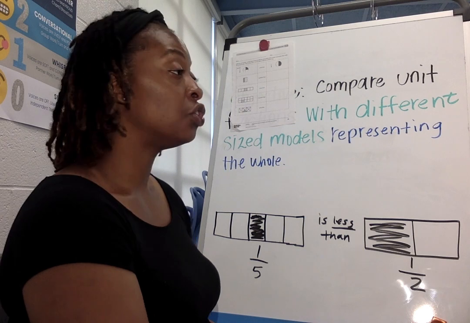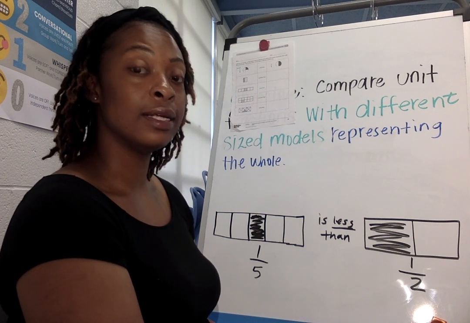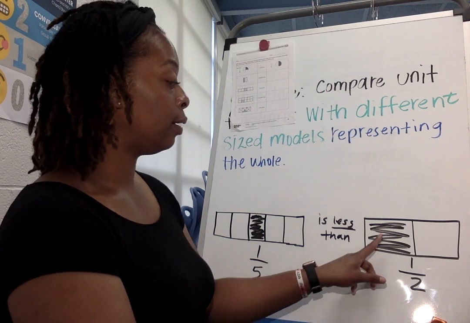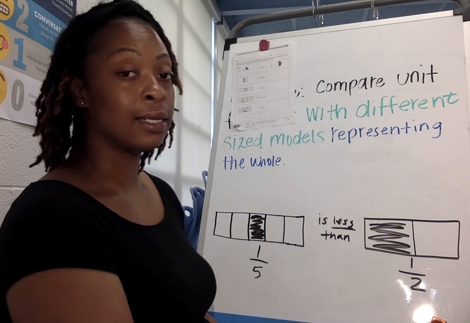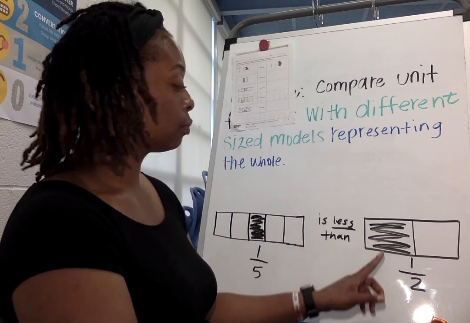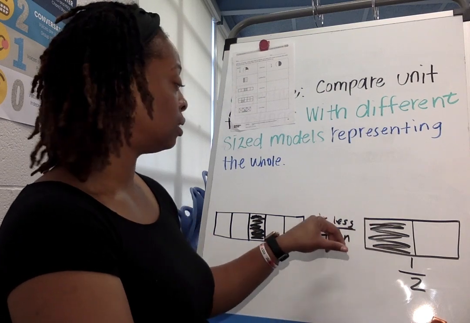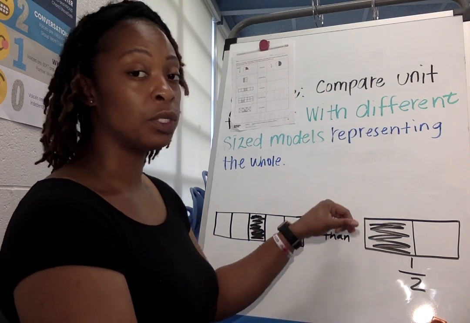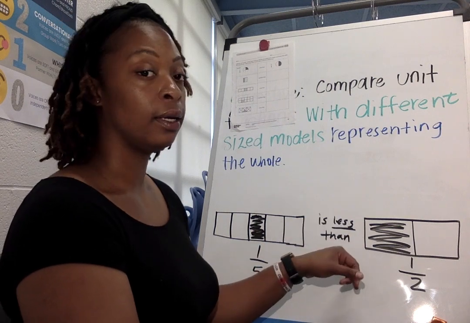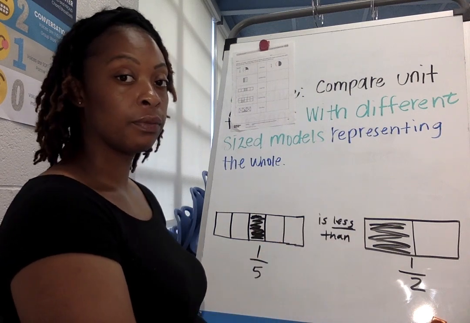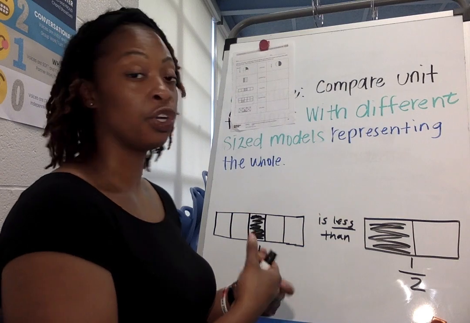Okay? And to check your greater than, less than, or equal to, you can compare the sizes. Work backwards. 1/2 is a bigger size, is greater than, so you would swap this word out. 1/2 is greater than 1/5. Just a way to check your work.